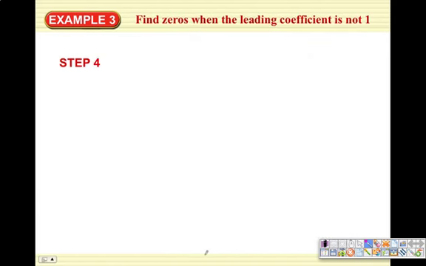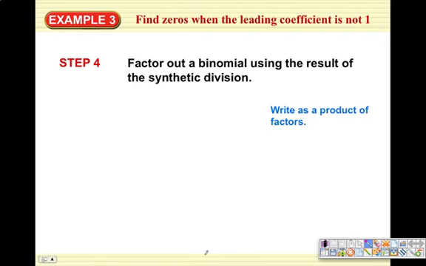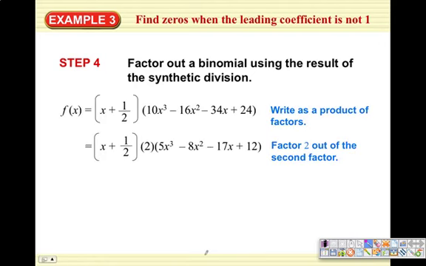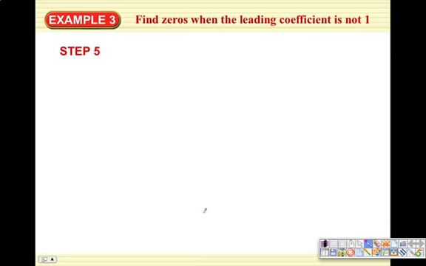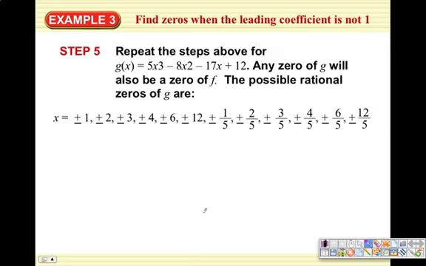When you do that, let's see, step 4. So this is what I did just a minute ago. Pulled out the 2, and this is what we have so far. So you want to take this new factor and find the zeros of it. Type it in and look for some zeros.